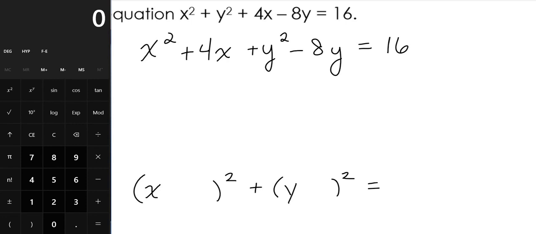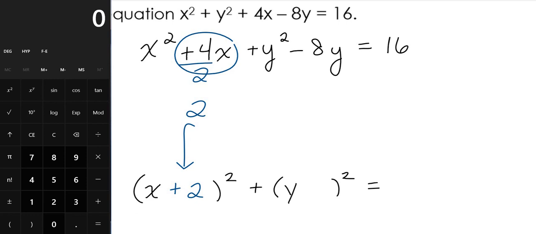So let's start by focusing in on the 4x. What you're going to do always is divide the coefficient of x by 2. So divide the 4 by 2. You get 2. Take that and throw that into the first parentheses. It's a positive 2.